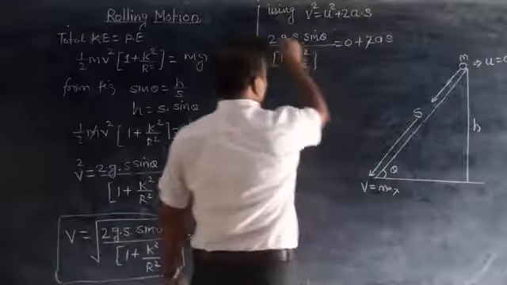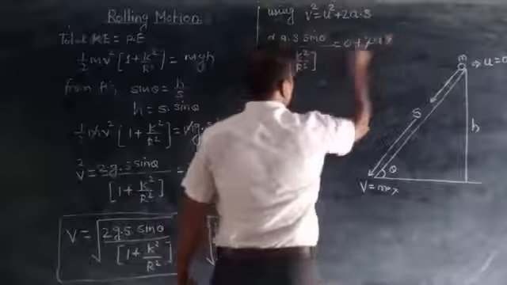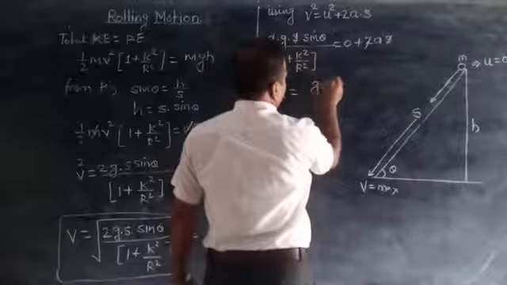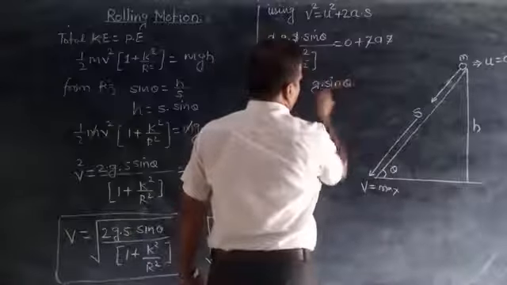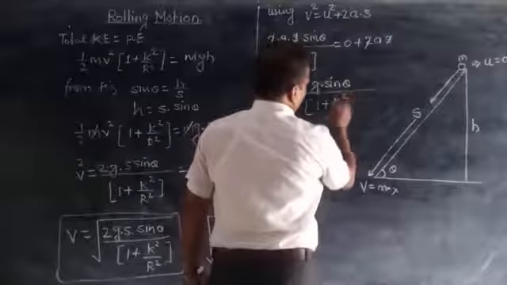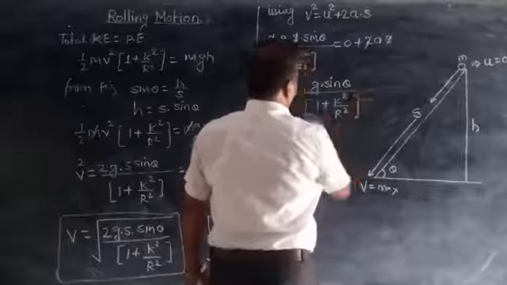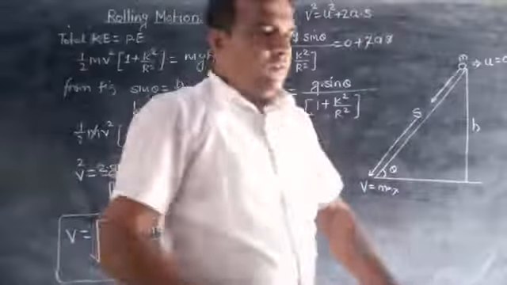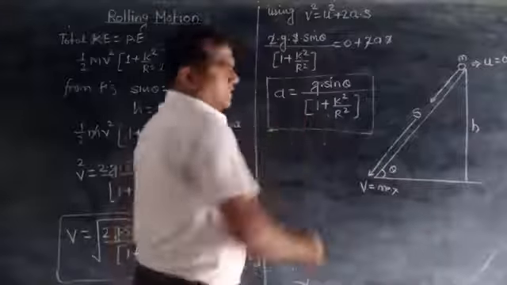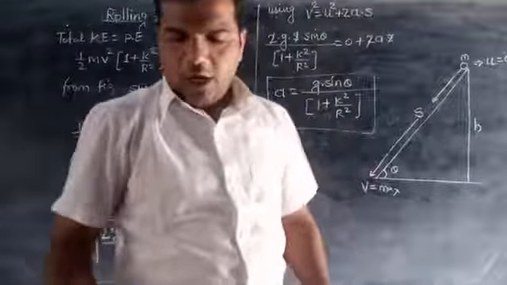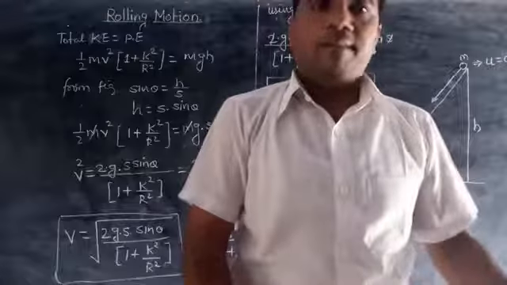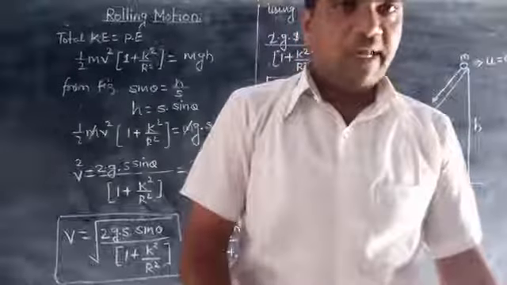Now, the twos get cancelled, s gets cancelled, and therefore a is equal to g sin theta upon 1 plus k square upon r square. This is the required formula for linear acceleration of a rolling body on an inclined plane without slipping.